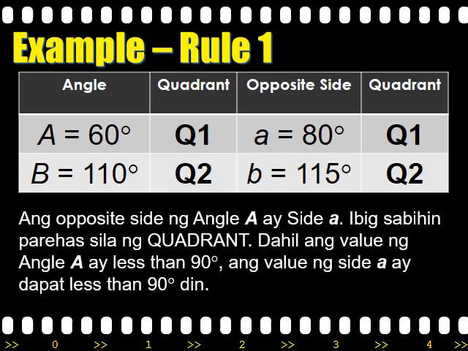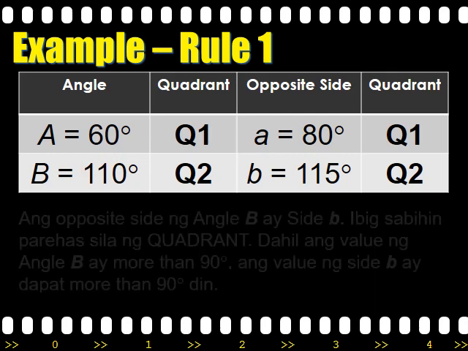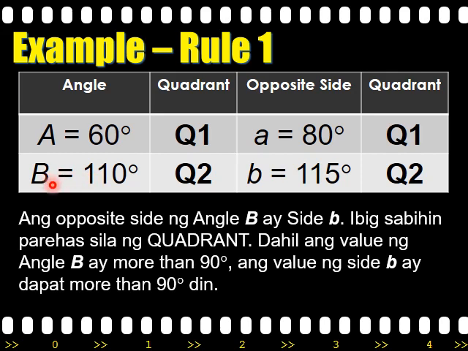Dito, ang opposite side ng angle A ay si side A. Ibig sabihin, parehas sila ng quadrant. So, in this case, parehas silang nasa quadrant 1. And then if you will look at B, ang opposite side ng angle B ay side B. So, since si angle B ay nasa quadrant 2, ibig sabihin, si side B dapat nasa quadrant 2 din.